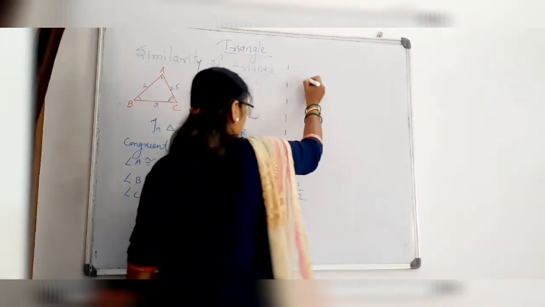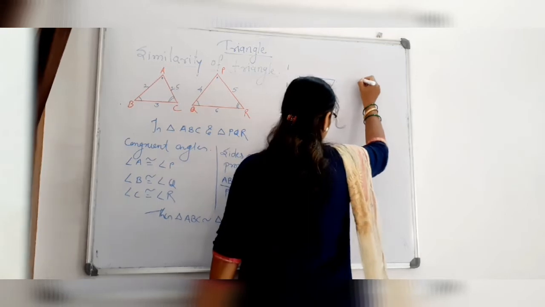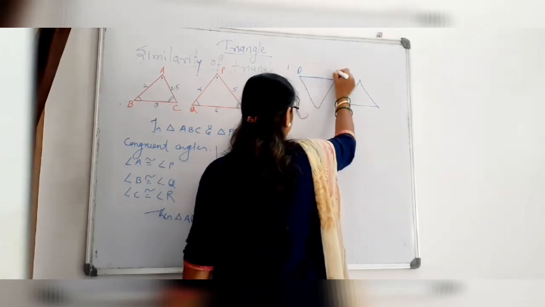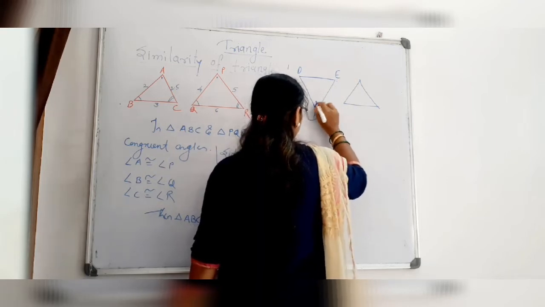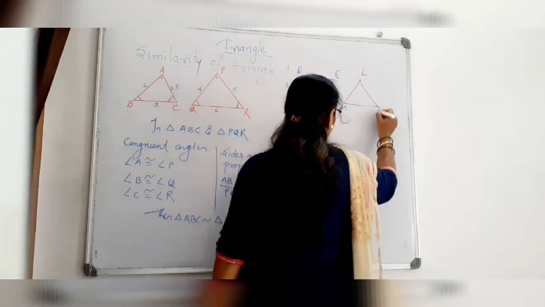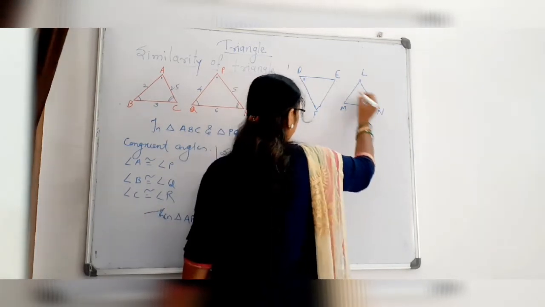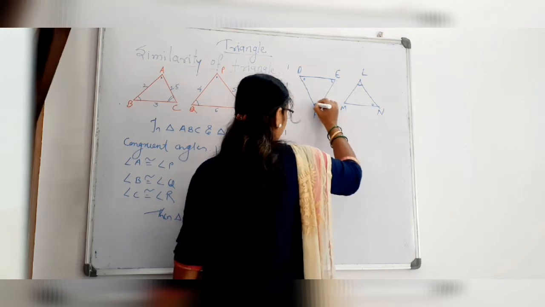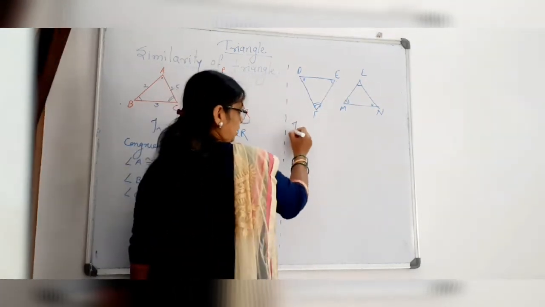Now see here, if we take these two triangles, DEF and N. Now see here, angle D is congruent to angle N, angle E is congruent to angle L, and angle F is congruent to angle M. Now see here, you have to take the triangle.